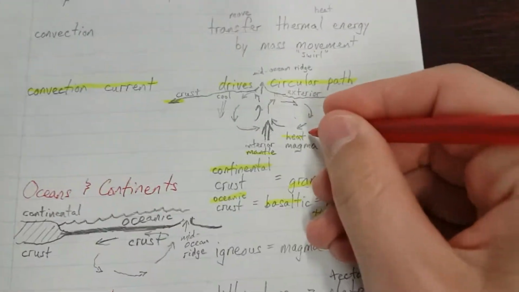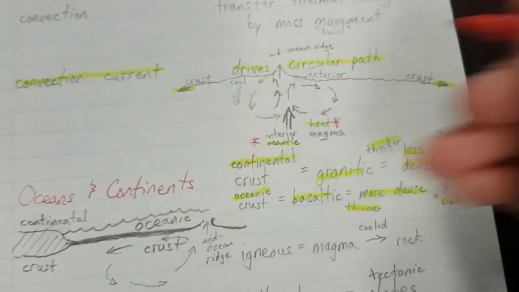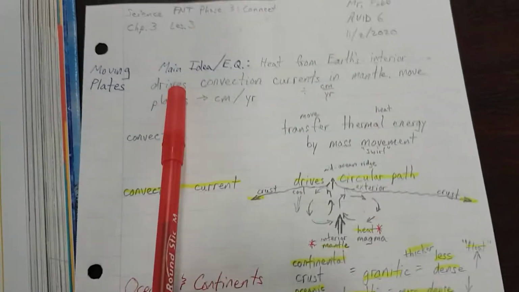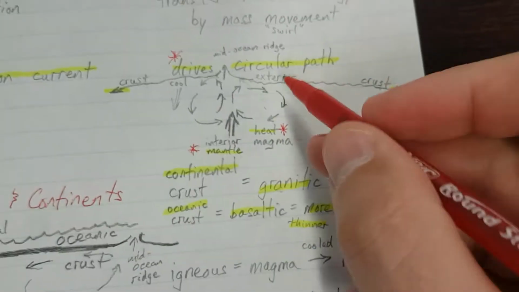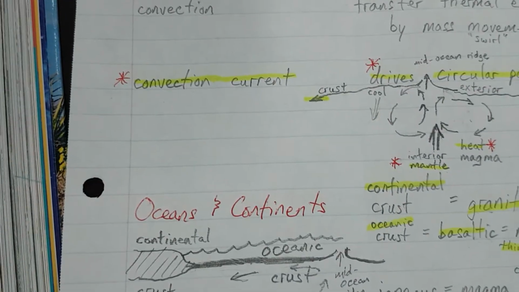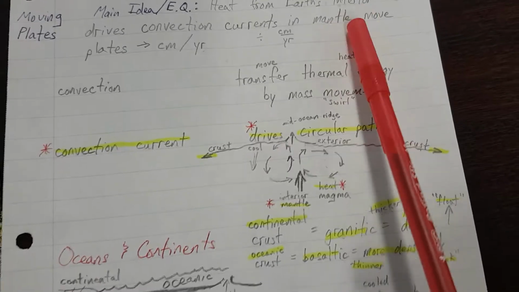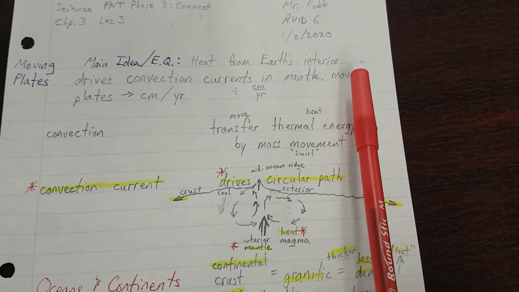So heat, Earth's interior, the interior is the mantle, drives convection currents. It drives this circular path, which is called convection currents. That's all in the mantle. Okay.